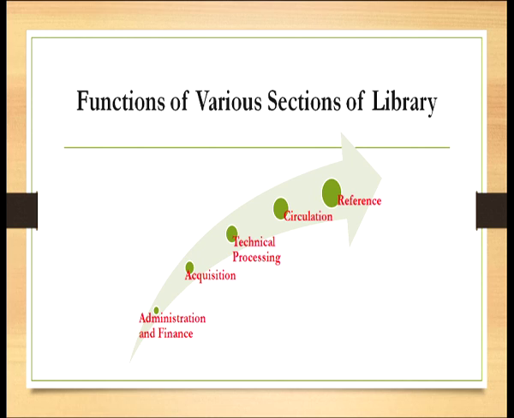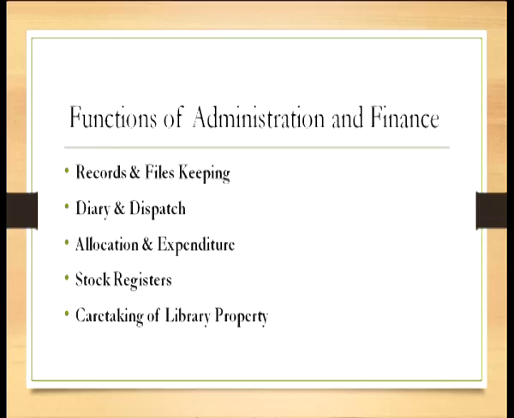Sections like reference section, circulation section, technical section, acquisition section, and administration and financial section. The functions of the administration and financial section are record and file keeping, diary and dispatch, allocation and expenditure, stock registers, and caretaking of library property.